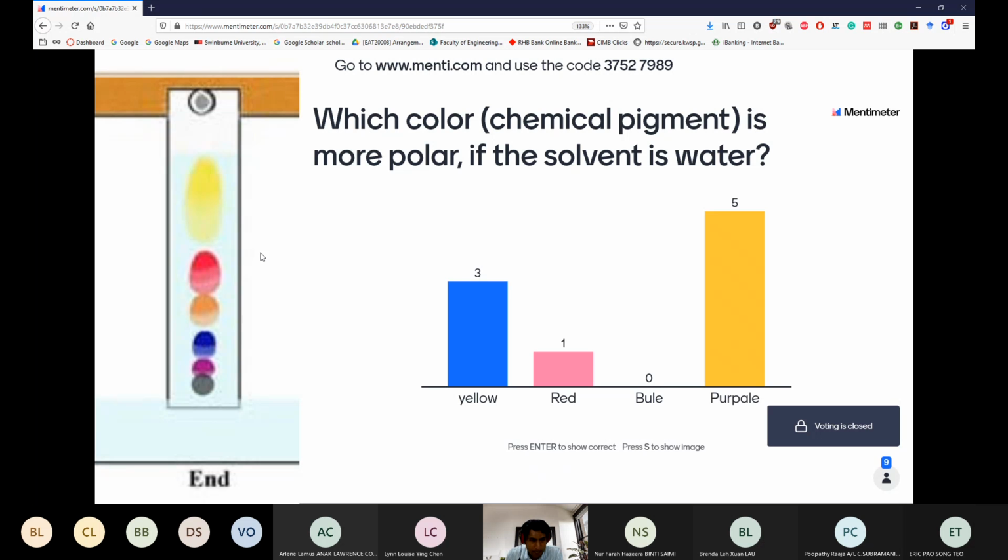Now, let's discuss it, right? Which color is more polar if the solvent is water? Is water polar or non-polar?